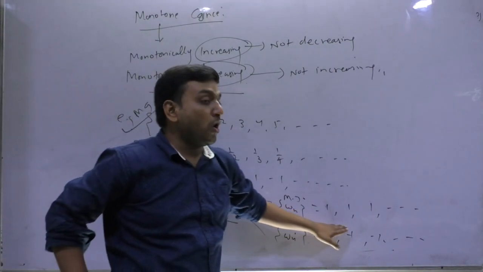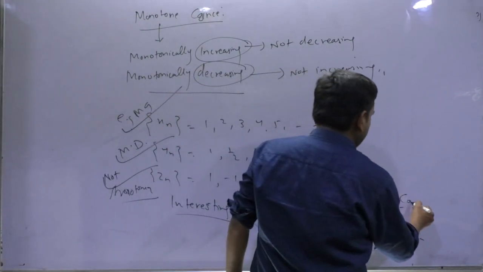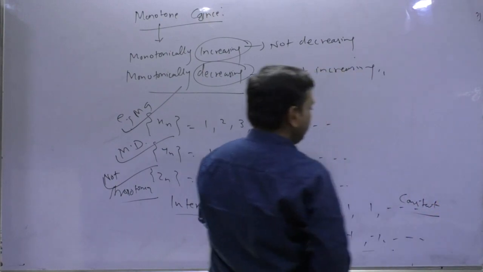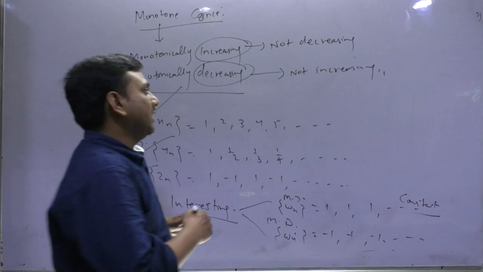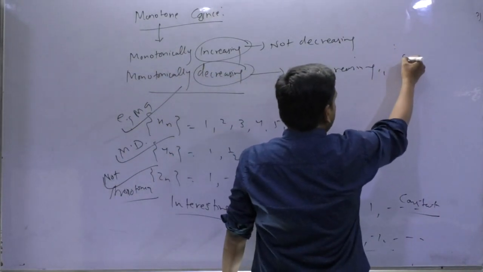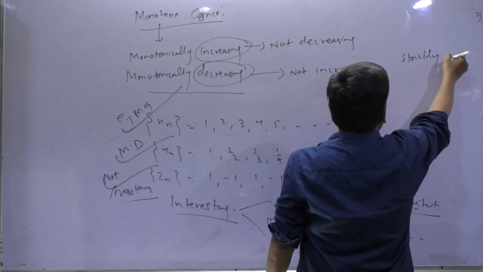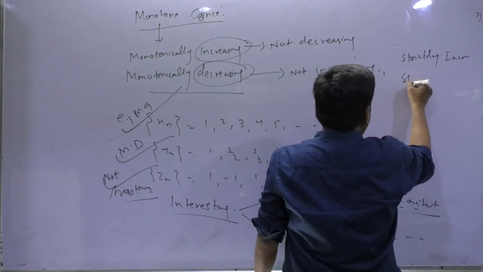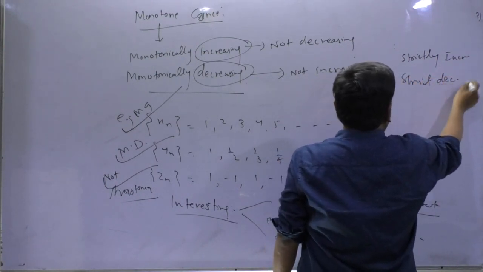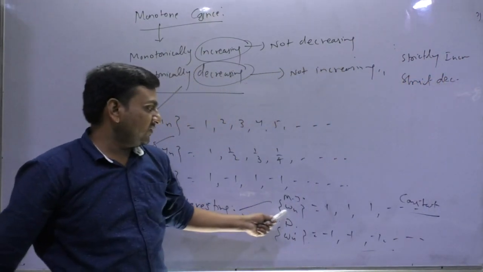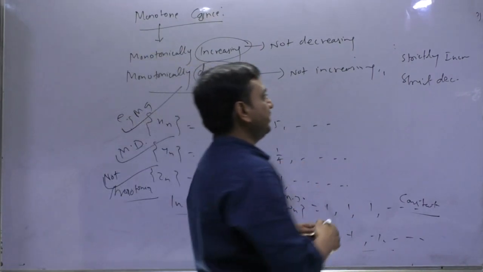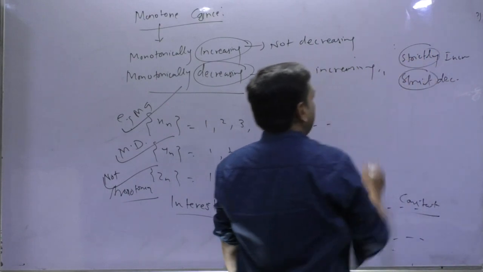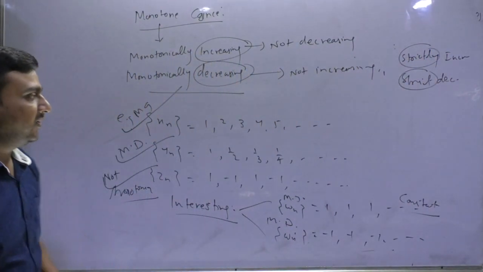So this is a constant sequence. A constant sequence can come under any of the categories. Another word that is used is strictly increasing and strictly decreasing. Okay. So constant sequences do not come under the category of strictness. I hope this is clear now.